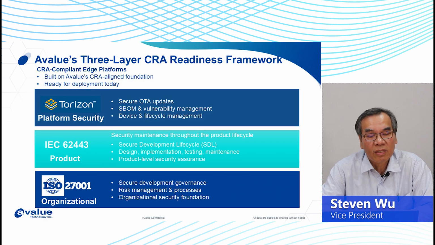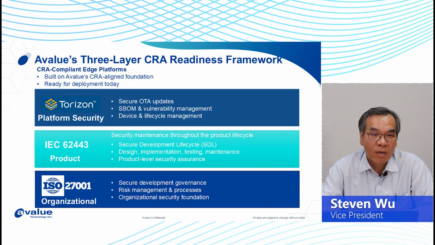The second layer is IEC 62443 compliance in the product layer. What does IEC 62443 mean to the product layer?